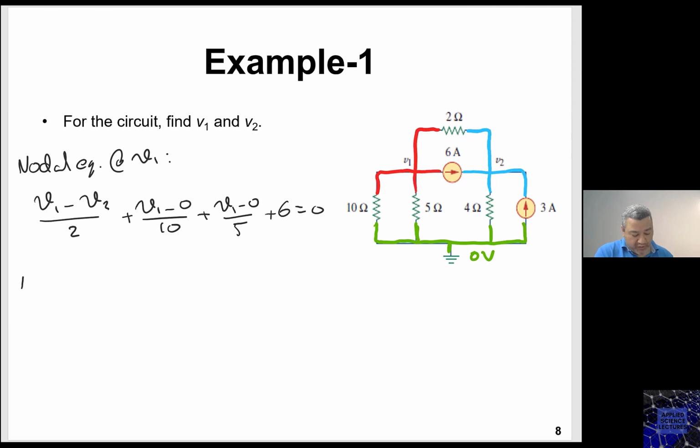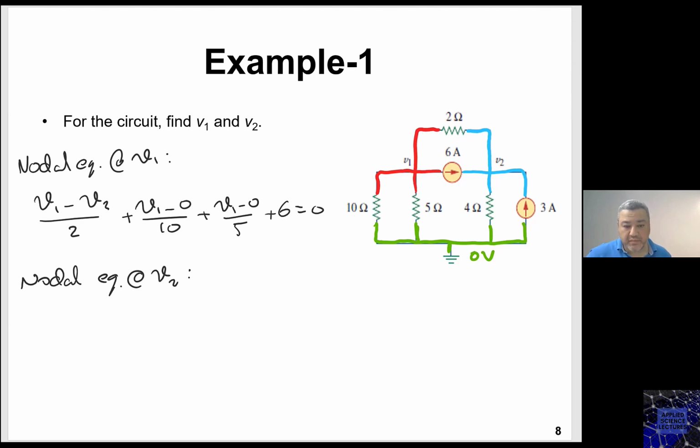We are going to write the nodal equation at V2. Anyone else want to try his luck and give us the second equation for V2? I can try V2. Okay, go ahead.